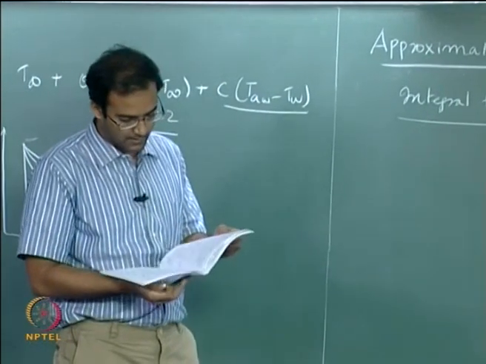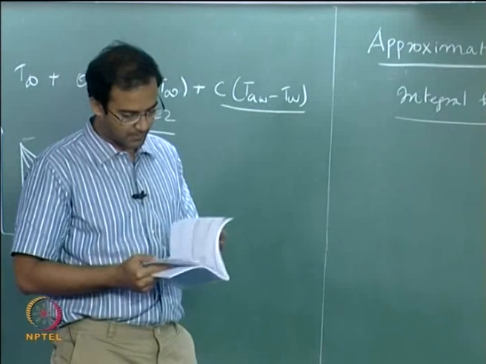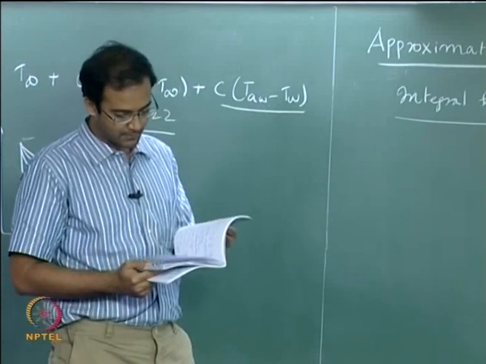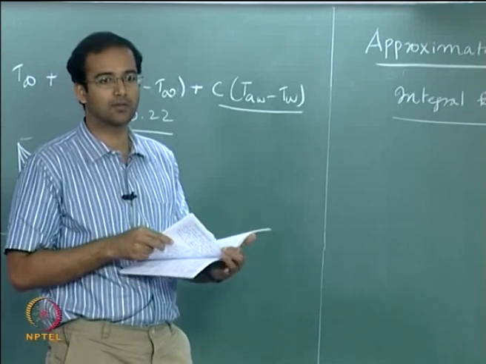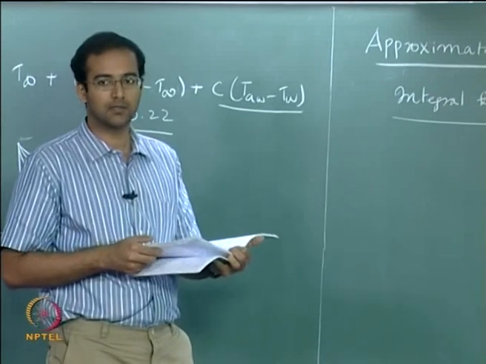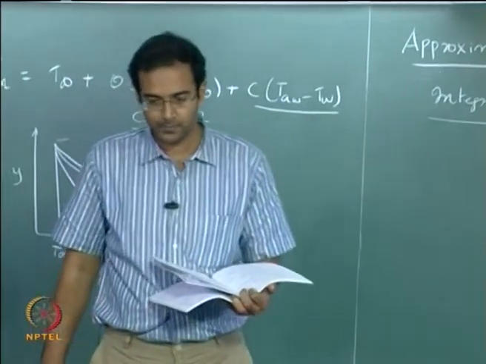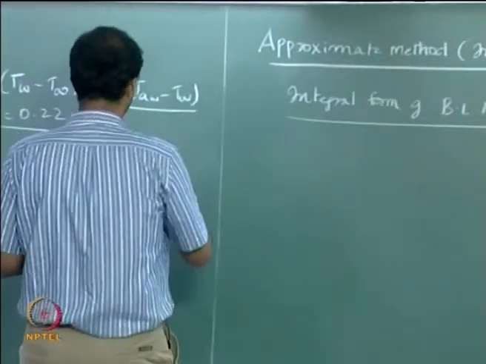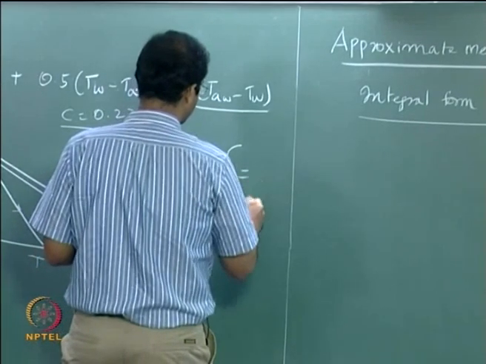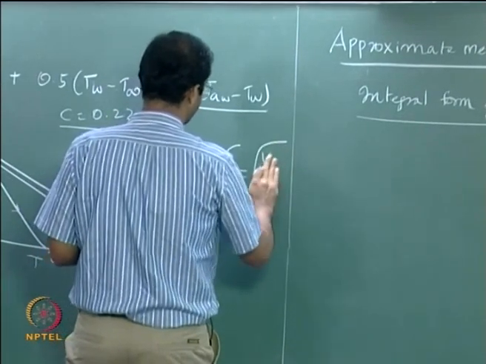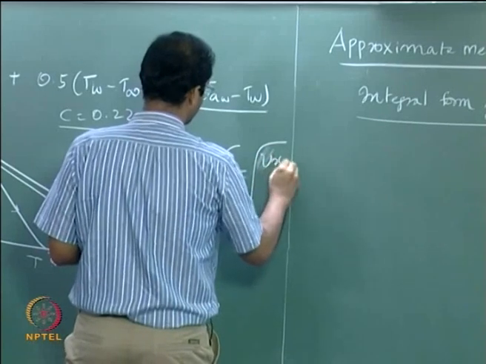I am not going to derive the integral form now, because if I remember correctly I had already derived a particular version of it. If you may recollect your earlier notes for the flat plate Blasius solution, we tried to find the expression for boundary layer thickness delta as something like square root of nu x by u infinity.